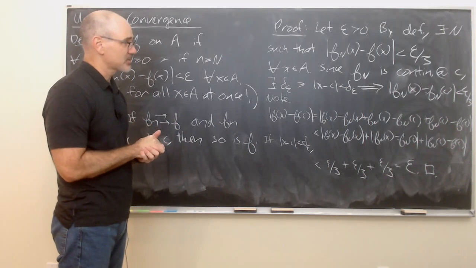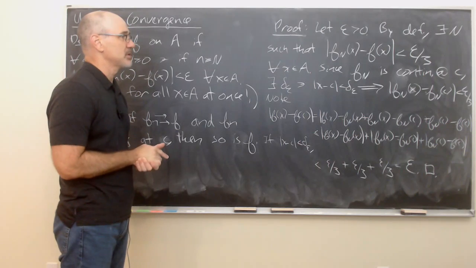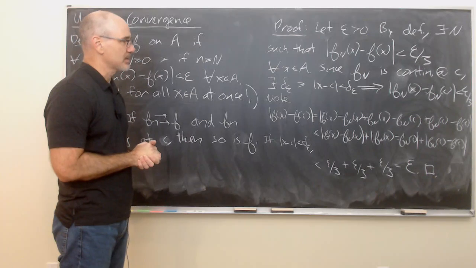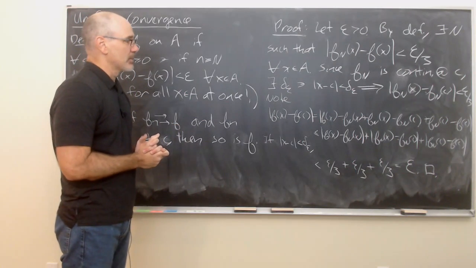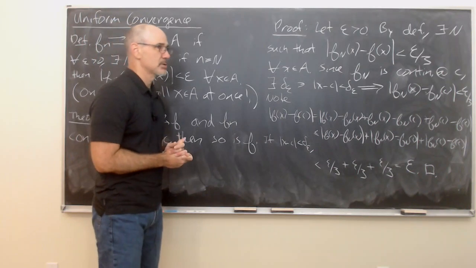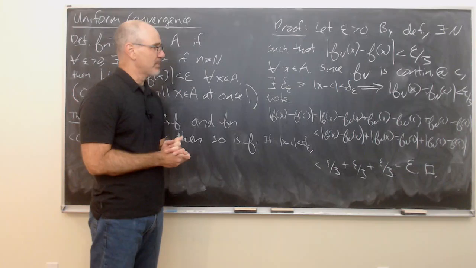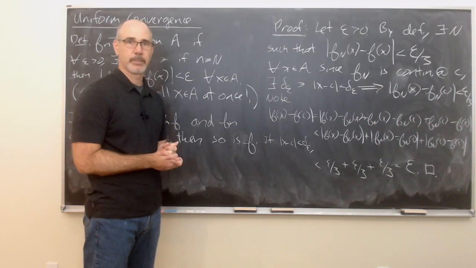Now, this is actually a really useful theorem if you are attempting to show that convergence is not uniform. If you think about our previous example, the only example we did last time, we had a sequence of continuous functions that converged pointwise. And we might be interested in knowing whether or not that convergence is uniform.